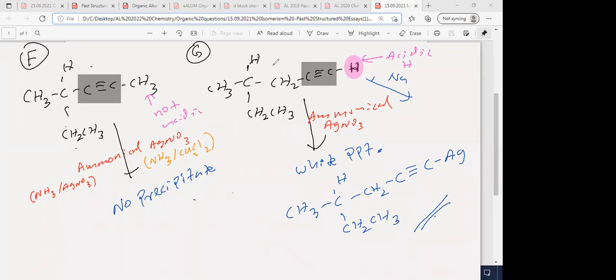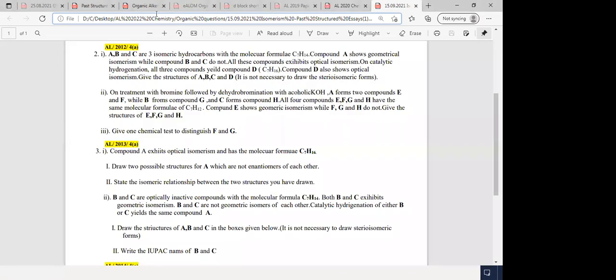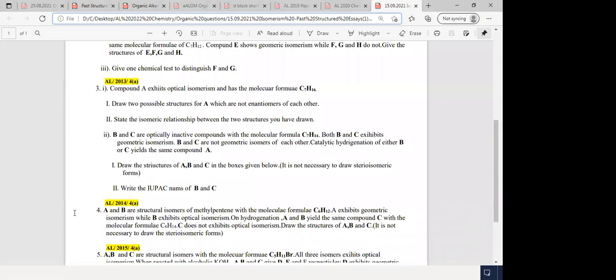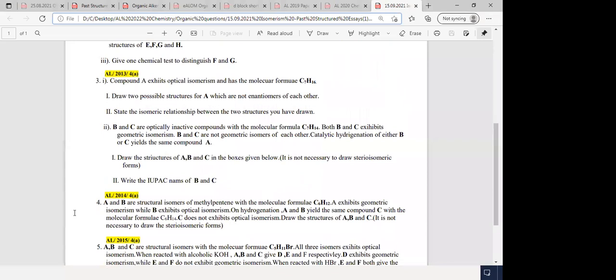Okay, then next question. I'll erase this. Next question, 2013 A-level. Something similar to that. Can you guess this one? So in 2012, they gave a similar one, C7H14. Compound A again shows optical isomerism.